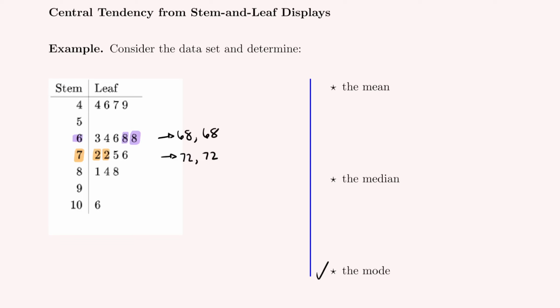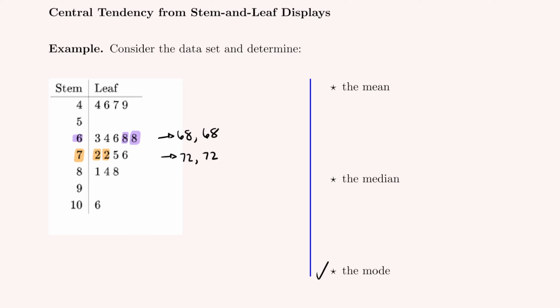Looking at the stem and leaf plot, we see in the row starting with a 6, we have 2 8s, which means we have 68 and 68 repeated in the data set. Similarly, in the row that indicates digits starting with a 7, we have 2 2s, so that means we have 72 and 72. I don't believe I see any other repeated digits in the plot.